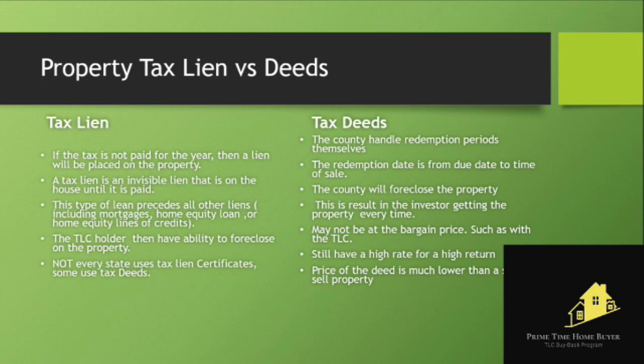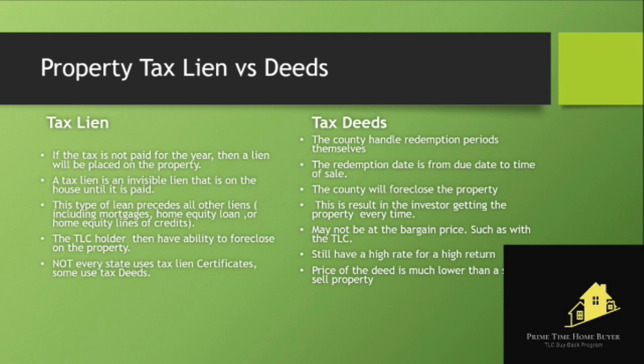So let's highlight the difference here between a tax lien and a tax deed: a tax lien puts an actual lien on the house, but that does not guarantee that you will receive the property. If you are interested in receiving property, you will opt to go through the tax deed process.